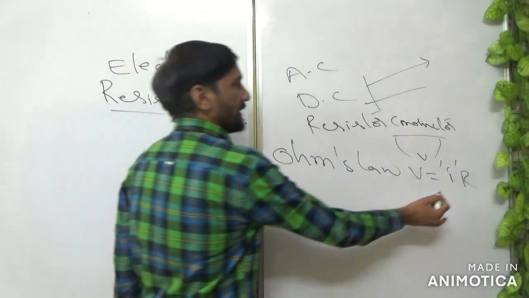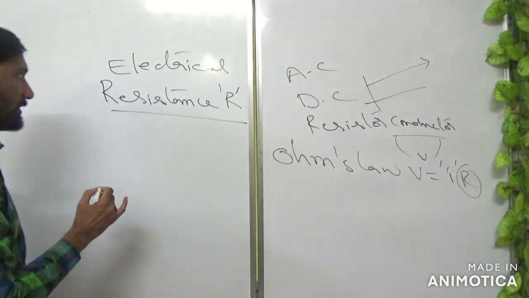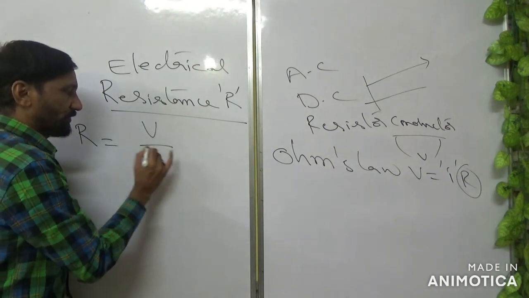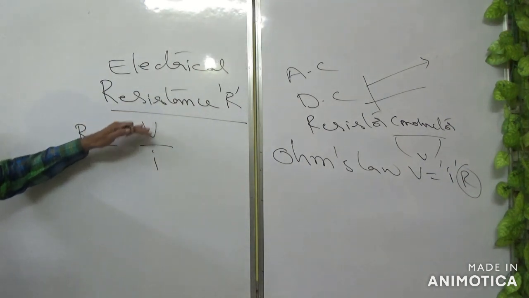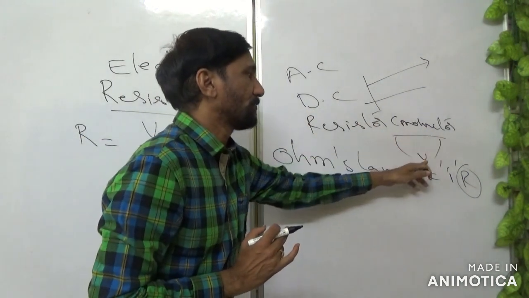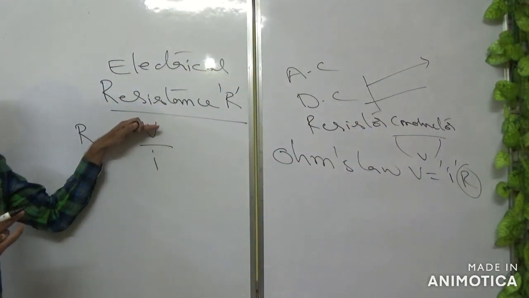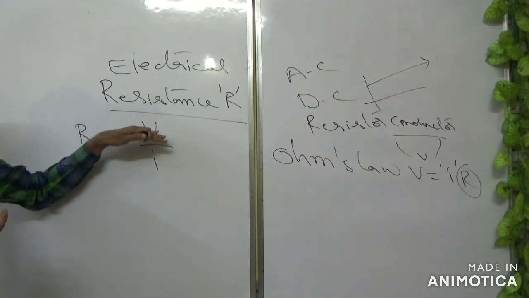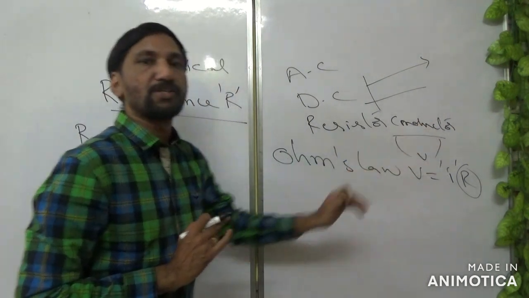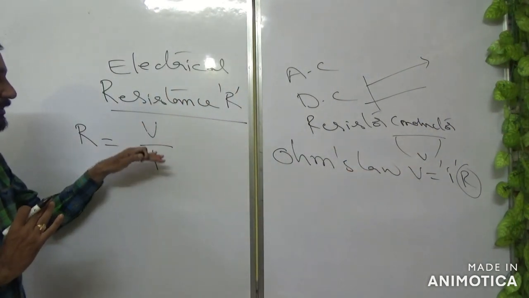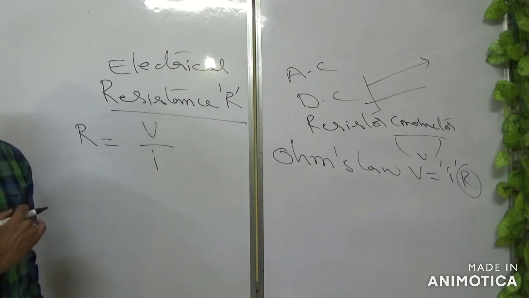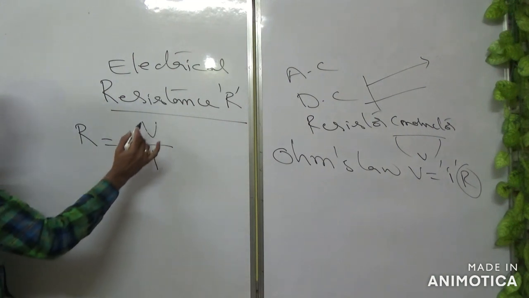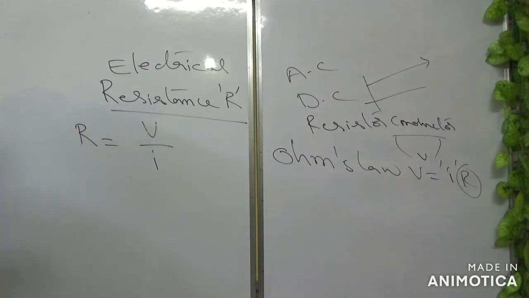So remember, resistance is defined as the ratio of the potential difference between the ends of a conductor to the rate of flow of charge, nothing but current. So the ratio of V to I gives resistance.